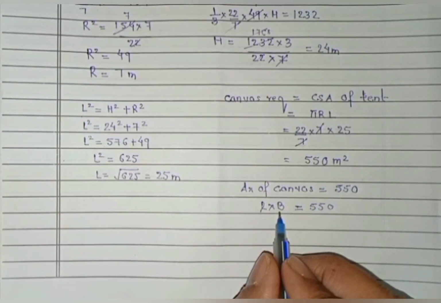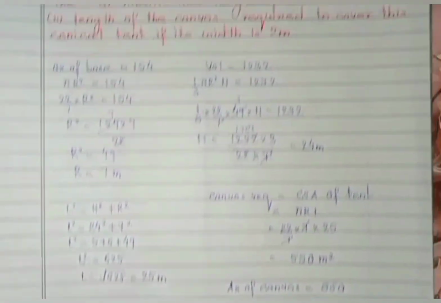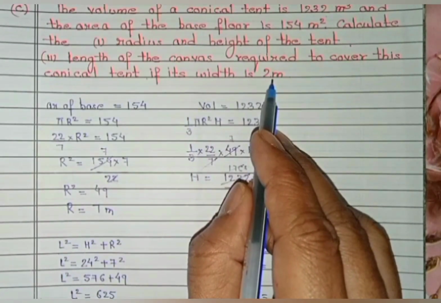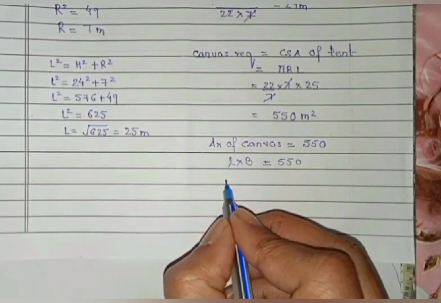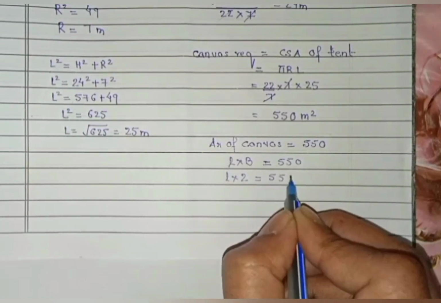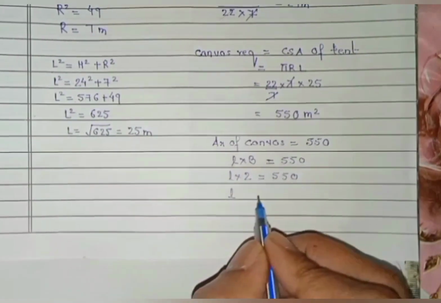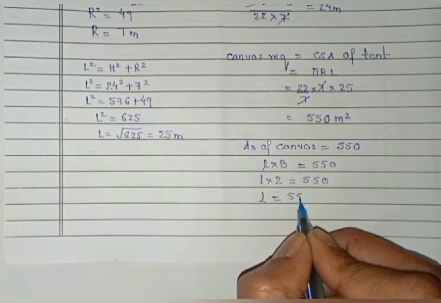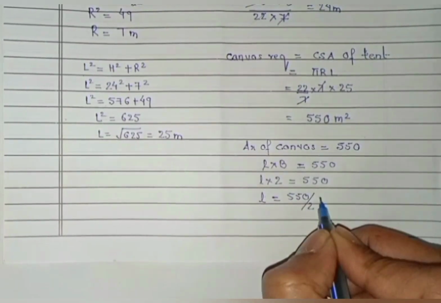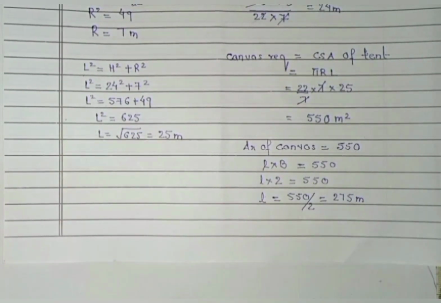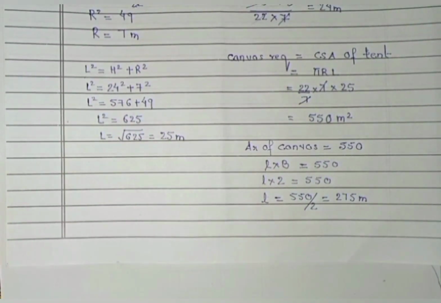Now this B is the breadth, and you can see the width, that is the breadth, is given to you as 2 meter. So the width of the canvas is given 2 meter. So from here you can get the length of the canvas. So the length of the canvas will be 550 upon 2, that is 275 meter. So this will give you the length of the canvas.